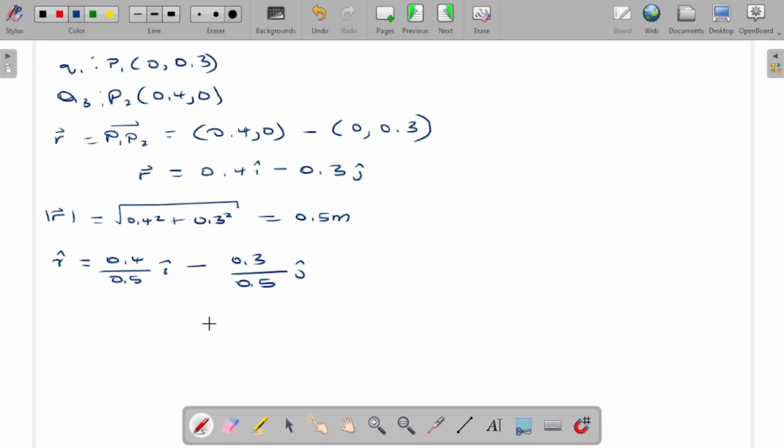After finding the unit vector, let's find the magnitude of our force.